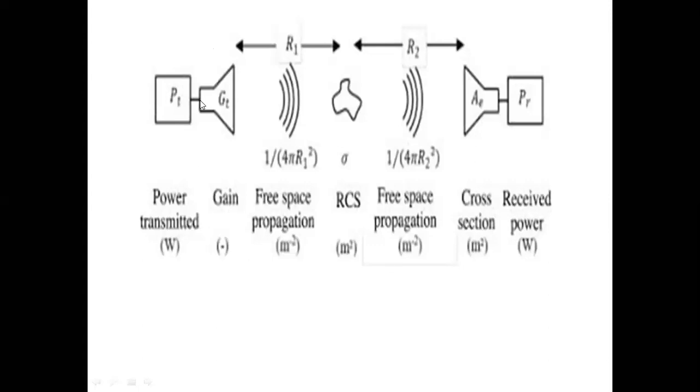Monostatic means we use a duplexer, so for both transmitting and receiving we use only a single antenna. This is the antenna gain. It depends upon the gain of the antenna, the free space propagation of the signal, and the RCS, the radar cross section. This is the transmitting section and this one is the receiving section.